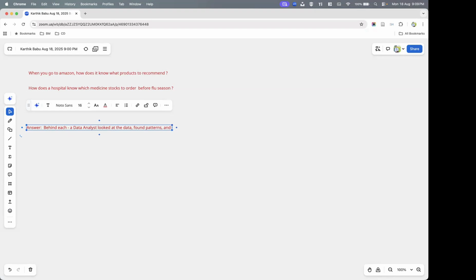And these data analysts are looking at the data, finding patterns, and helping the company make decisions. So if you are planning to be a data analyst, behind each question, a data analyst looked at the data, found patterns, and helped the company make a decision.